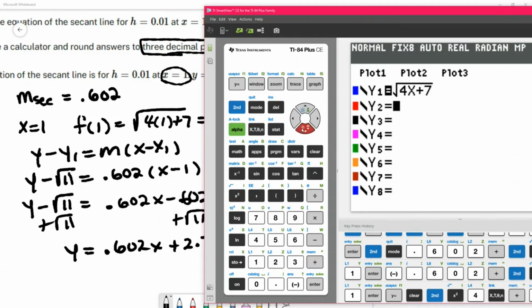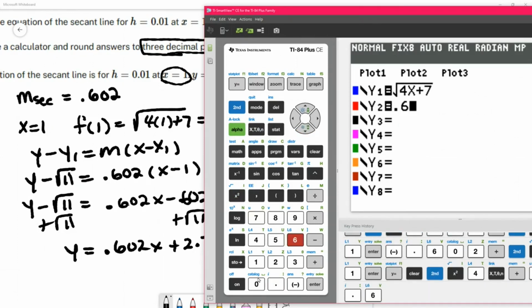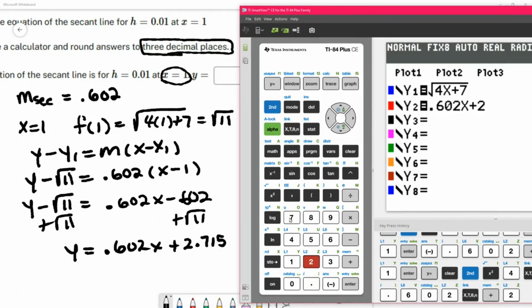And then I'll also put in 0.602x plus 2.715, which is our equation of the secant line.